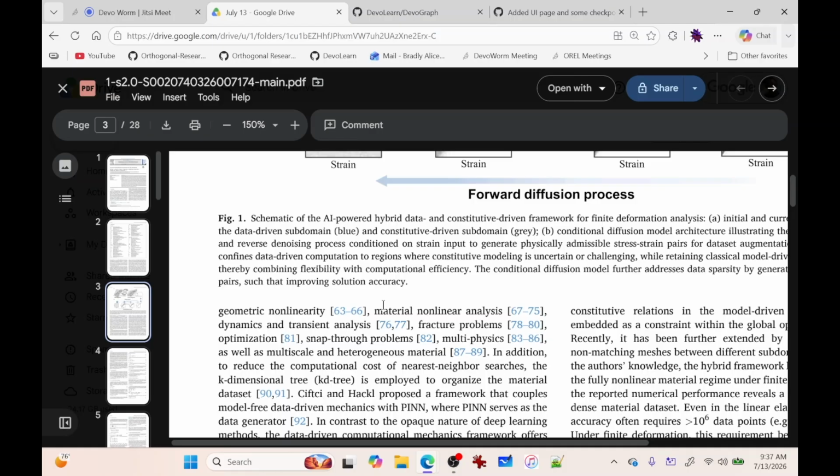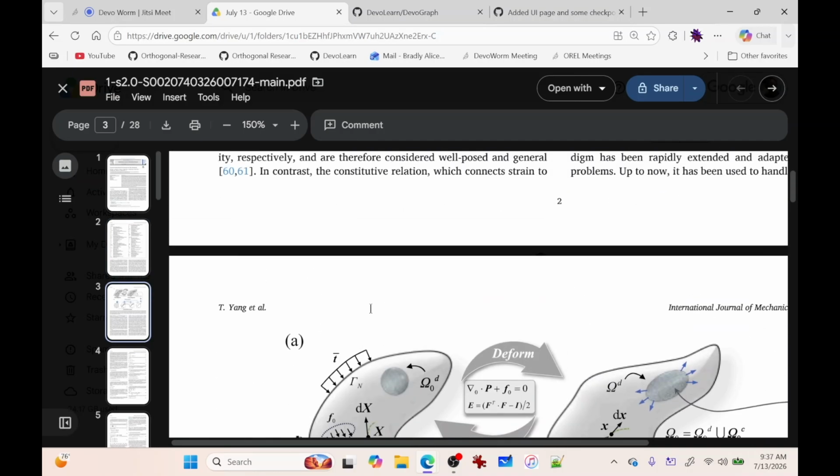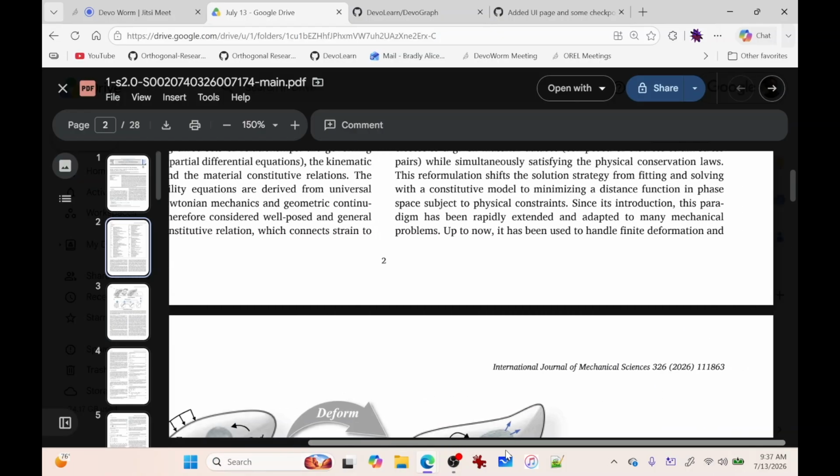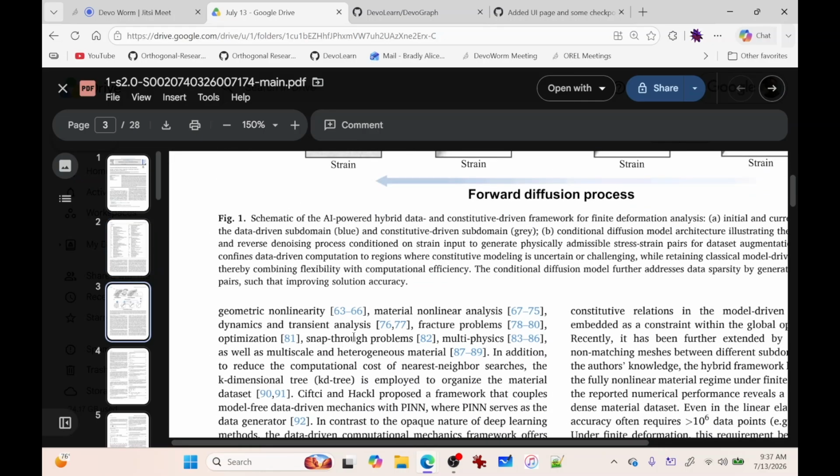Up to now, it has been used to handle finite deformation and geometric nonlinearity, material nonlinear analysis, dynamics and transient analysis, fracture problems, optimization, snap-through problems, multiphysics, as well as multi-scale and heterogeneous materials. So they've done a lot of things with it, but they've not addressed the specific thing they're doing in this paper.